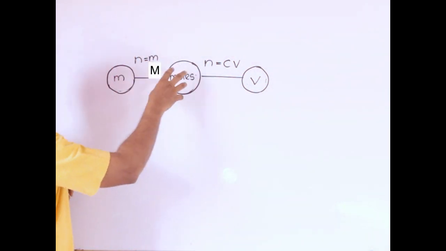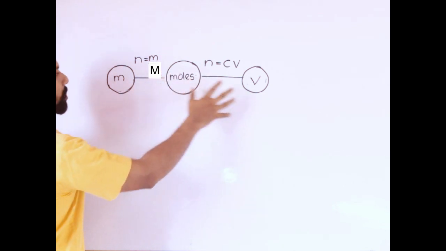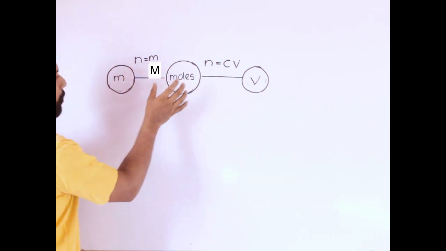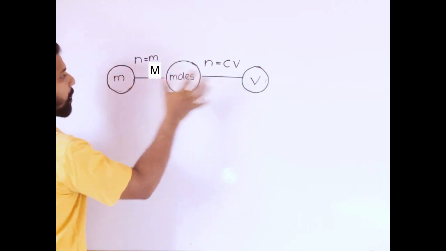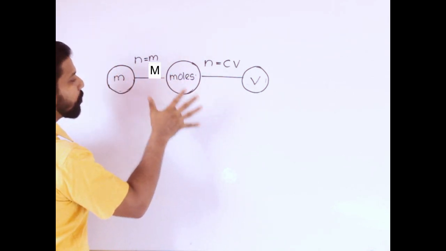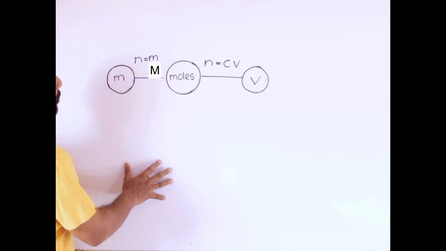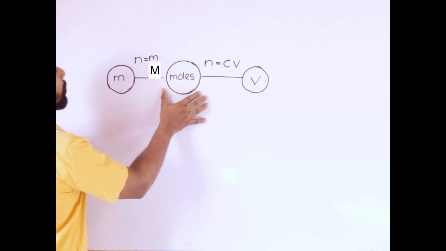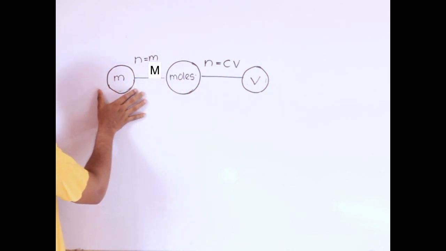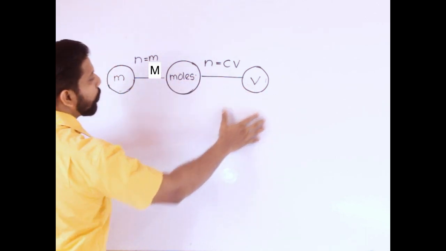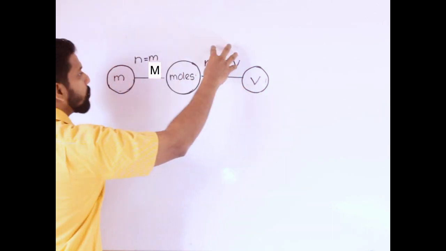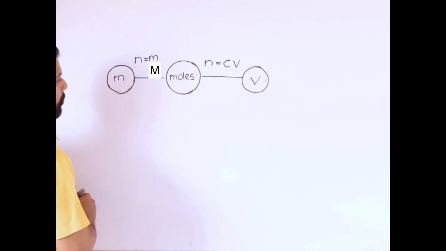Look, this diagram represents the connection between these two. When you are getting a question, keep this diagram in your mind so that it's easy to analyze the question. The moles are connected to mass and to volume of solution through these two equations.